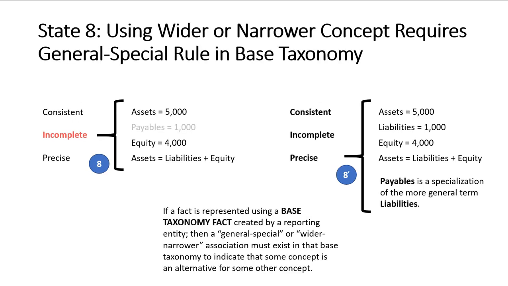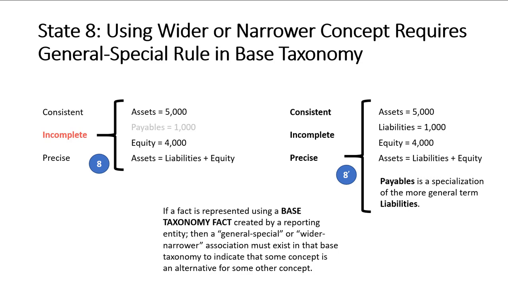Okay, in state 8, you see another example. This time, we're using a wider or narrower concept from the base taxonomy. So let's pretend the base taxonomy had the term payables in it. And you have the rule, assets equals liabilities plus equity.